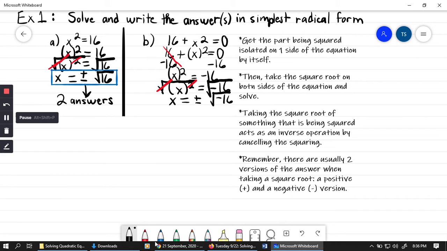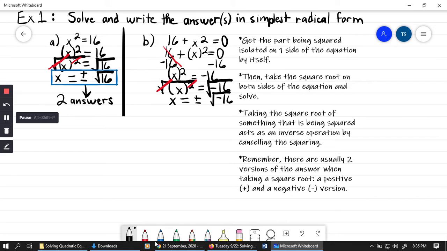Also, guys, remember we talked about what happens when you take the square root of a negative number, and we said that the only time you've got imaginary numbers is if you are taking the square root of a negative number.